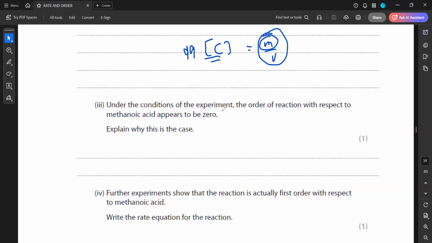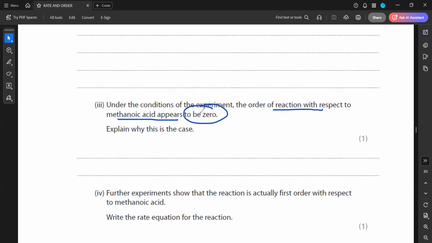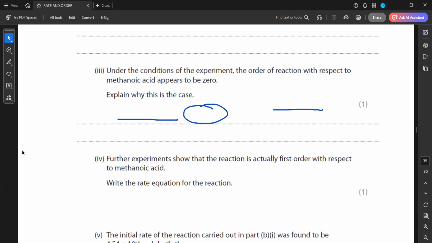So under the conditions of the experiment, the order of reaction with respect to methanoic acid appears to be zero. The reason is the concentration of methanoic acid is very high, so the change in the concentration will not be considerable. It will change during the reaction, but that change is very small. So that's why it's almost zero order with respect to methanoic acid.